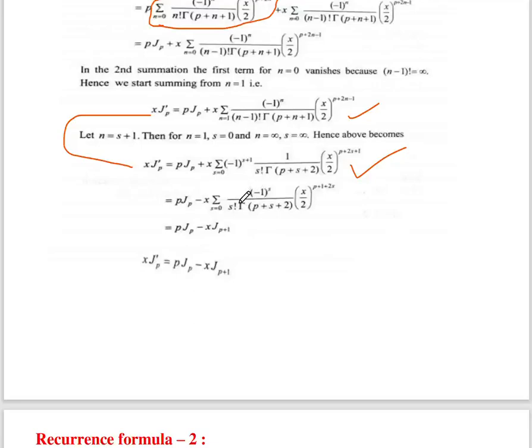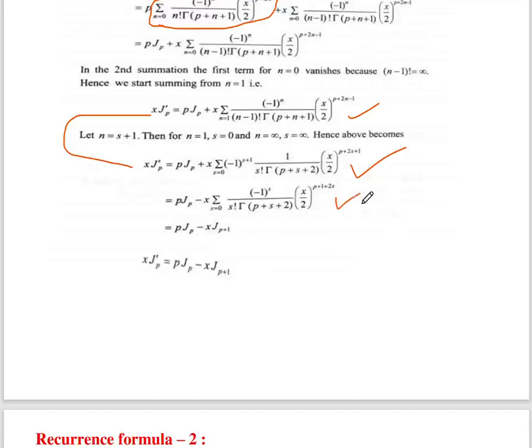So what is the next step? Here p Jp is as it is, minus: take the minus one outside of the summation. Minus x summation s equal to 0 to infinity, minus 1 to the power s as it is, divided by s factorial gamma of p plus s plus 2, times x by 2 to the power p plus 1 plus 2s.